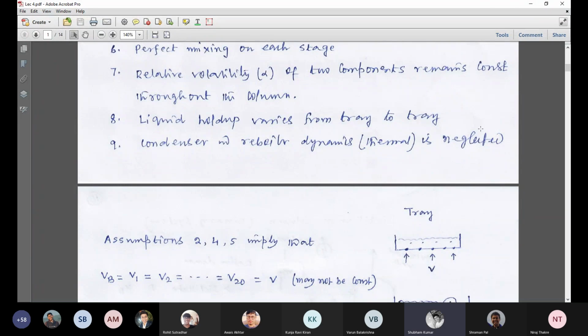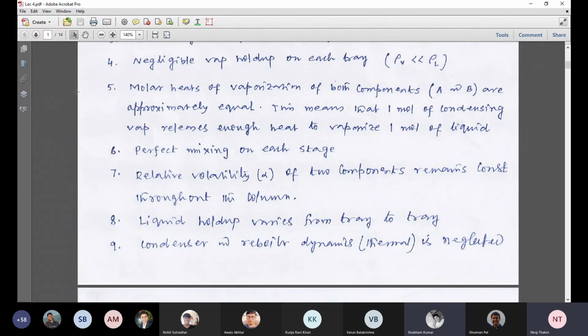There may be a slight difference because from bottom to top, some vapor molecules may be condensed. Yeah, that is assumption 5. If there is any condensation, an equal amount of vaporization occurs. What you are saying is against this assumption.